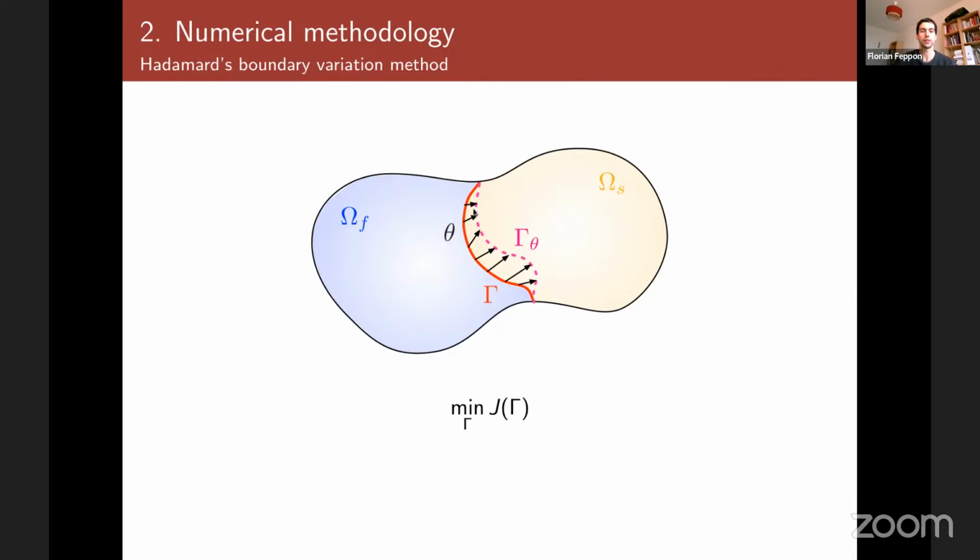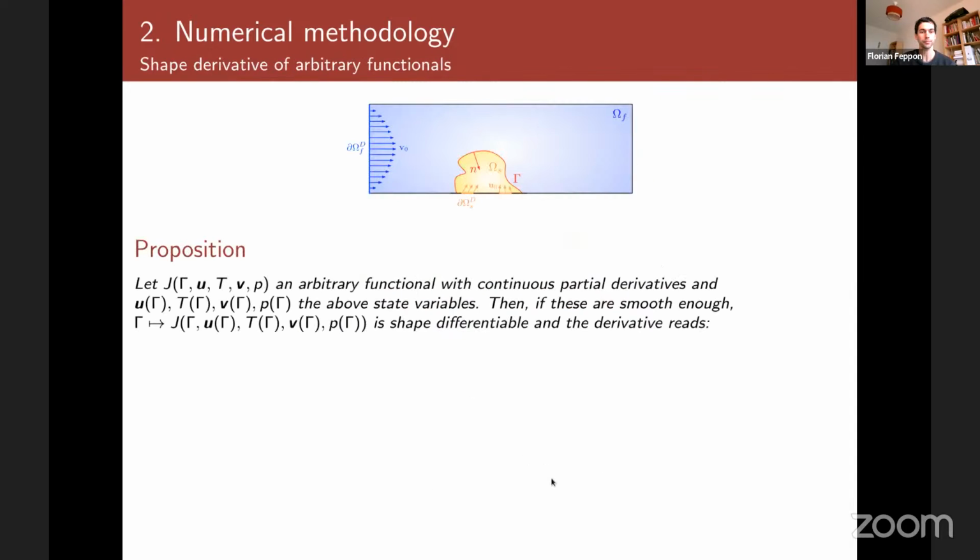We do this by considering vector field perturbations: a small vector field theta, according to which we deform the interface. We can compute asymptotic expansions of the objective function on the deformed domain like this, and the linear variation with respect to the vector field is called the shape derivative.